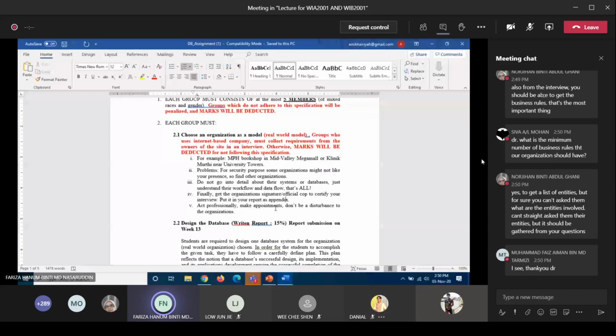Other groups? Dr. Najihan, Dr. Khalid, maybe you want to say something? Dr. Najihan? For my groups, for group 6 we only have about 17 students. I will check again tonight whether we need to reshuffle the groups or not, because for some of the groups, I think it is okay in terms of their members.